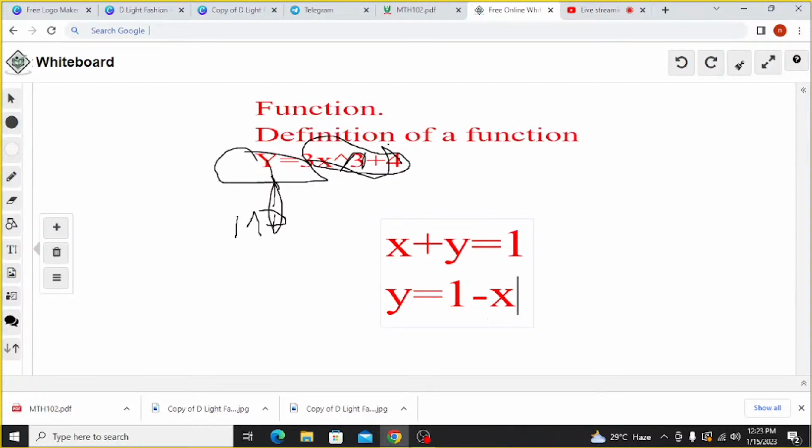If it is plus, it will change to minus. If it is minus, it will change to plus. So our y now equals 1 minus x. This type of equation we call a function because we have two variables here, the independent variable and the dependent variable.